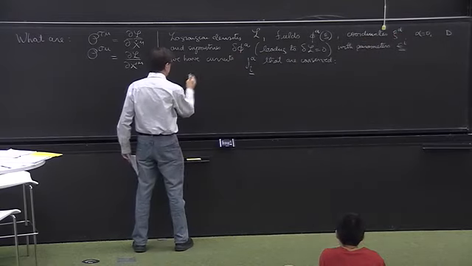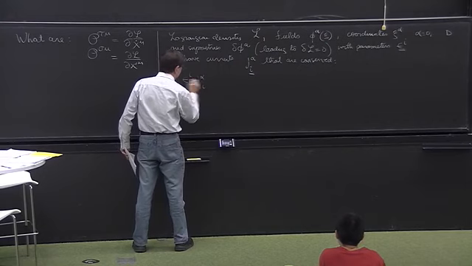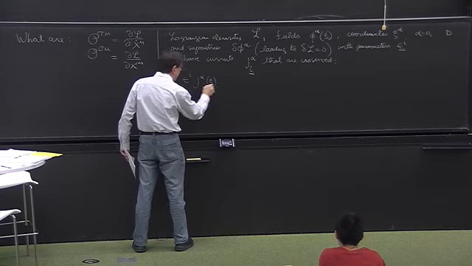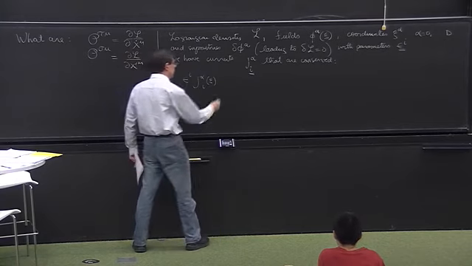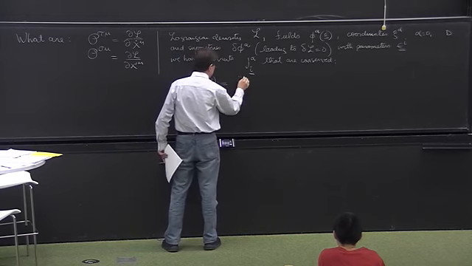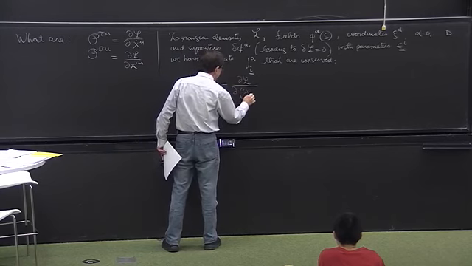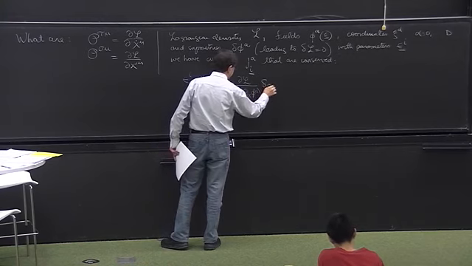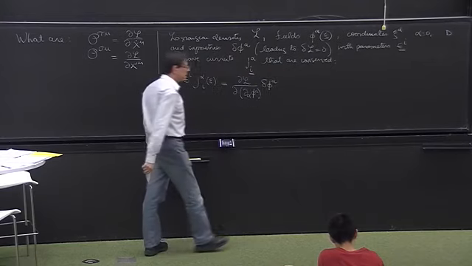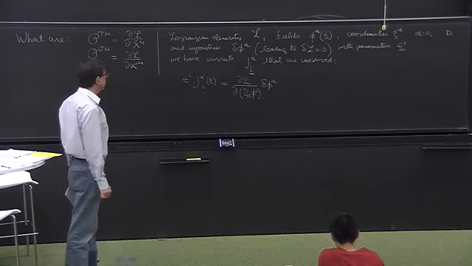So what is the formula for this current? J alpha I of psi, because it's a current that lives on the world where this Lagrangian lives, is dL over d partial alpha phi A, times delta phi A. That's the most familiar version of Noether's theorem.